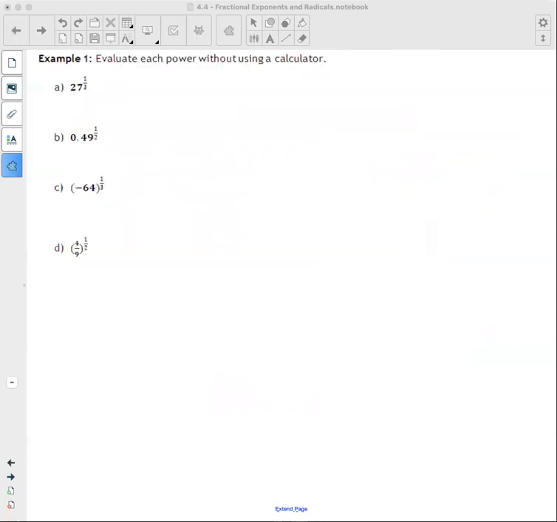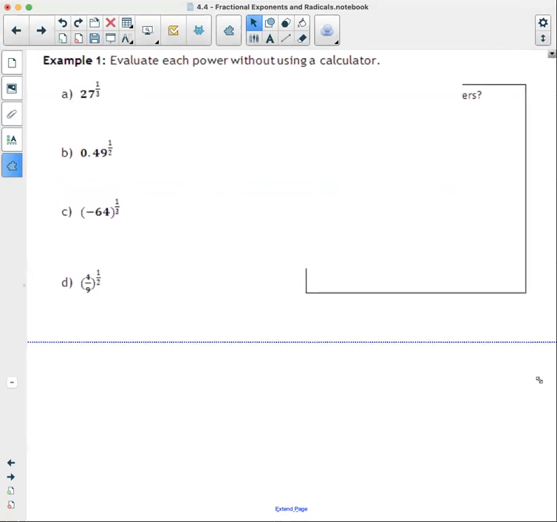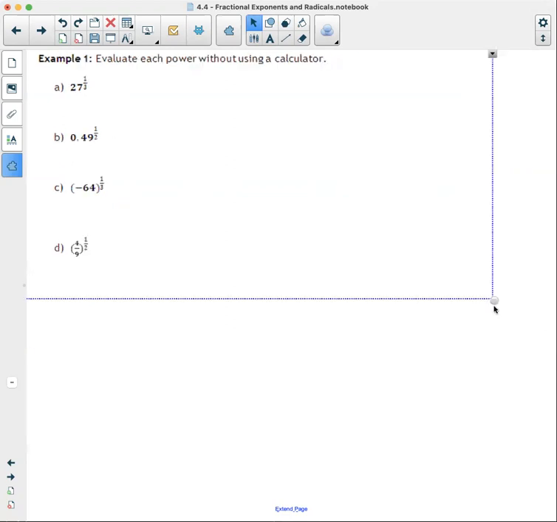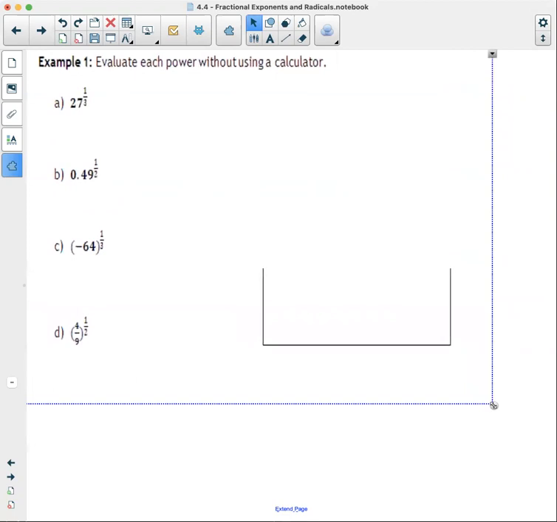Okay, so let's evaluate these without using a calculator. You can use either the perfect square or the perfect cube method, or you can do the prime factorization method.